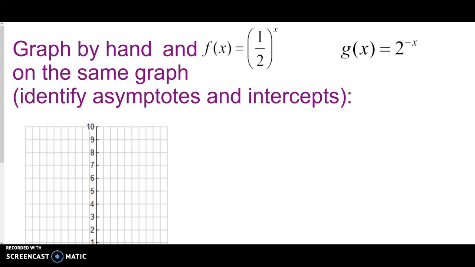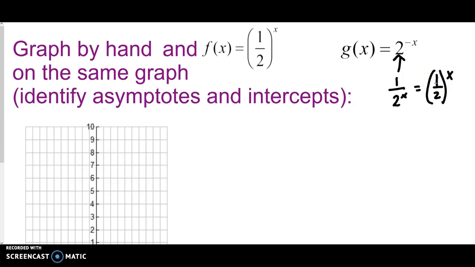What I'd like you to do is graph by hand f of x equals 1/2 to the x, which, by the way, is the same thing as having 2 to the negative x. Why? Well, if this is 1 over 2 to the positive x, that's the same thing as 1/2 to the x.